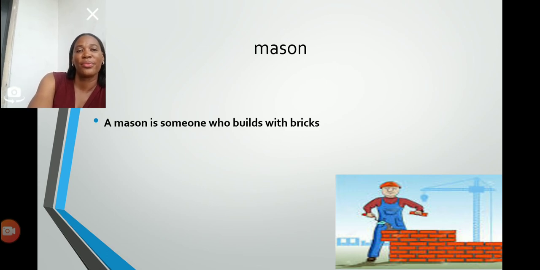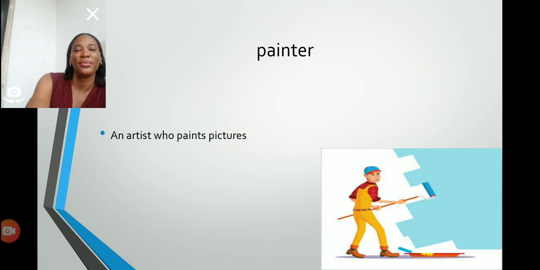A painter. A painter is an artist who paints pictures. A painter is one who paints colors on surfaces. In this slide, you can see a man holding a brush and painting the wall. He's trying to change the color of the wall from white to blue.